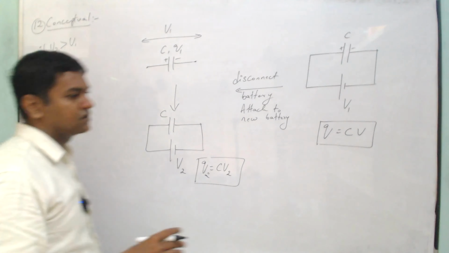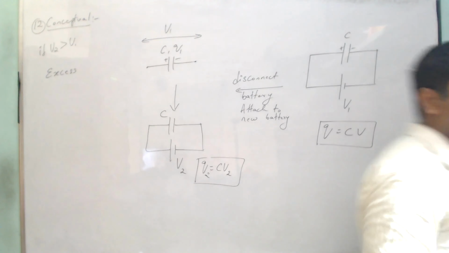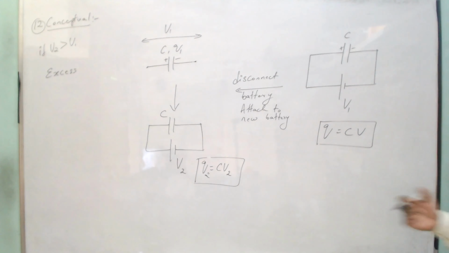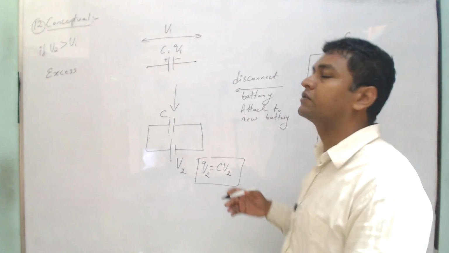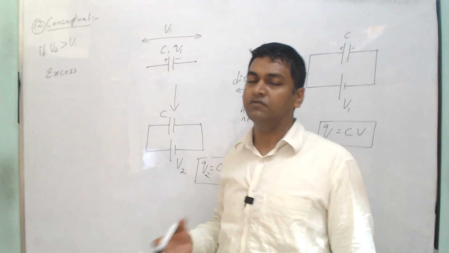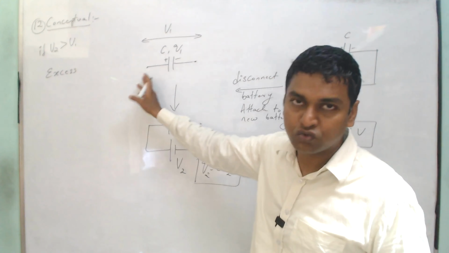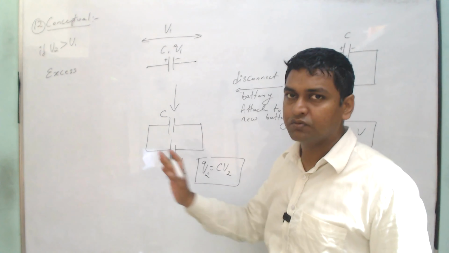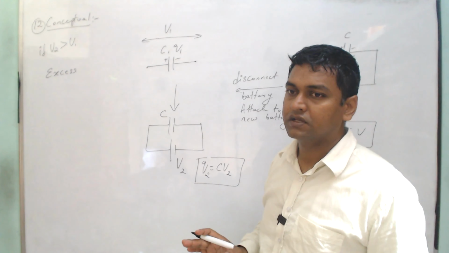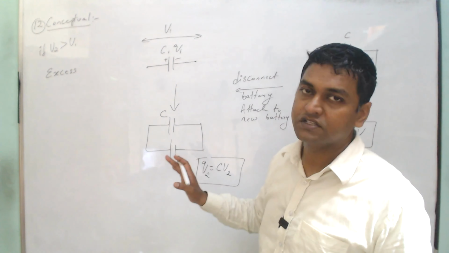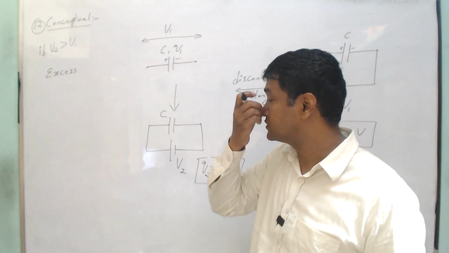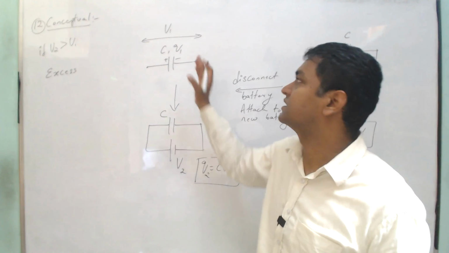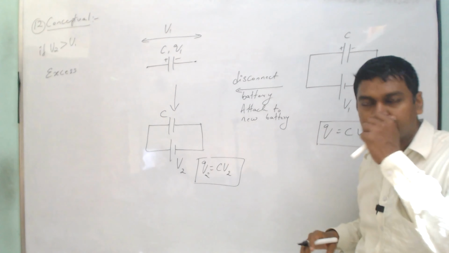How much more charge did the conductor provide to the capacitor? You know that the charges are flowing through the conductor. The battery is not giving charges; the battery is giving potential difference. The conductor has charges, which are accumulating on the plates of the capacitor.